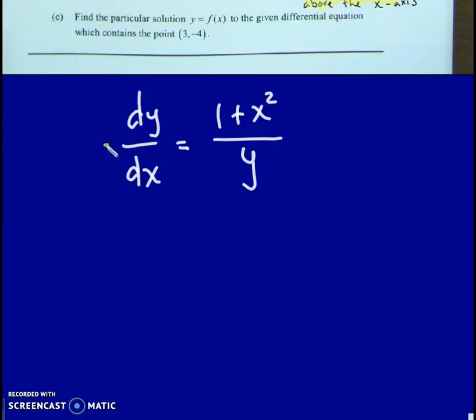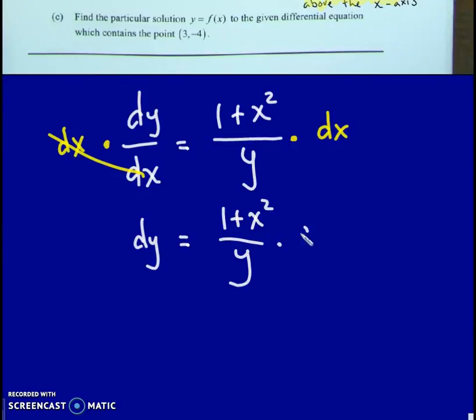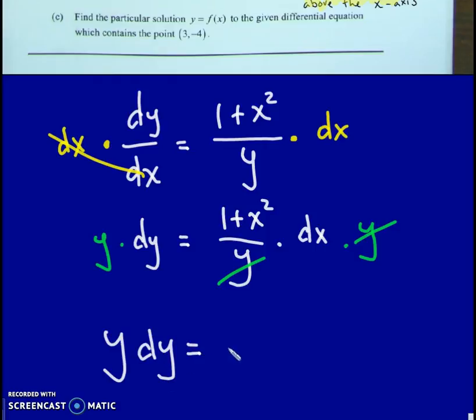Separate by multiplying both sides by dx, and you are also going to multiply both sides by y. Make sure you show that work, how you're separating the variables. I had students lose points on the classwork because of that. Now you're going to integrate both sides.